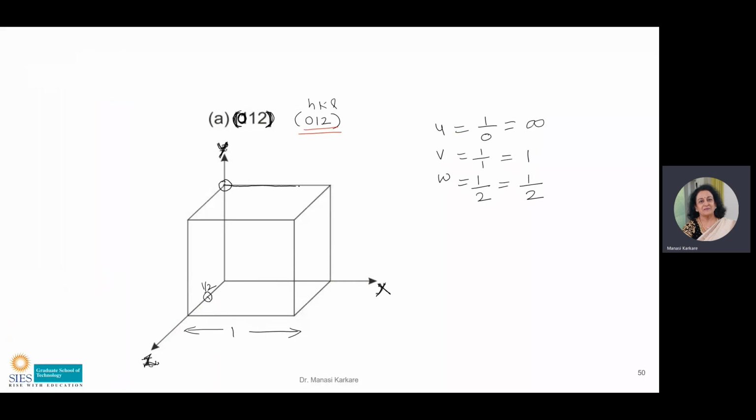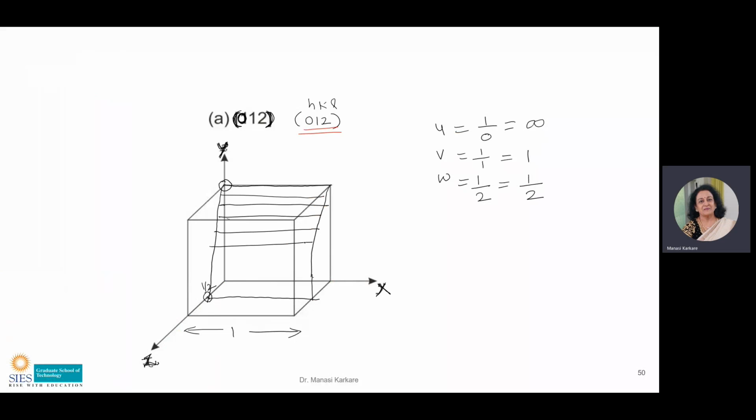So one will be like this and second will be like this. And then you have to connect a plane which will not intercept x-axis at all.